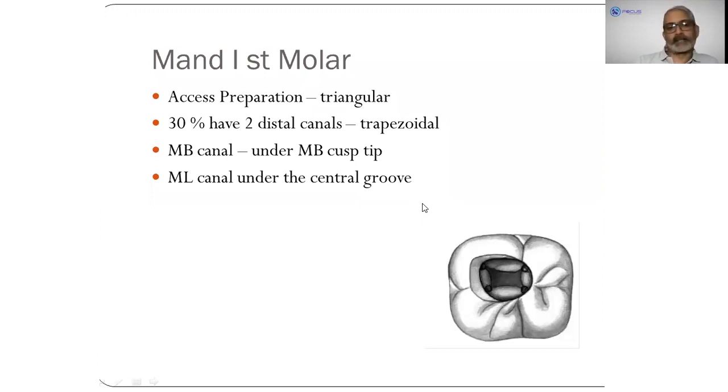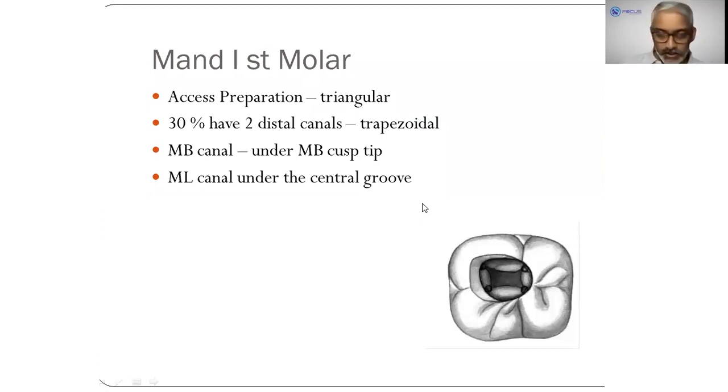4 canals. Mesially you have mesiobuccal, mesiolingual. Distally you have distobuccal and distolingual. So when a mandibular molar has 4 canals, then the axis would be trapezoidal. Why? Because the dentinal map shape is like that.